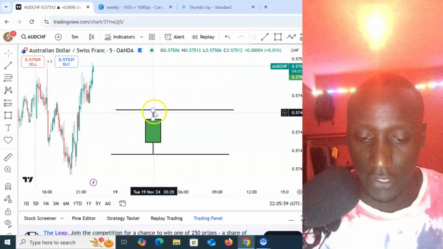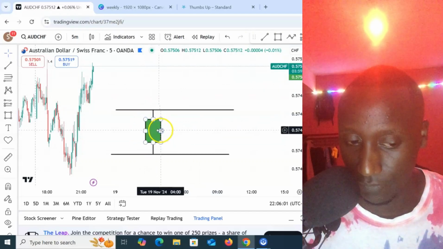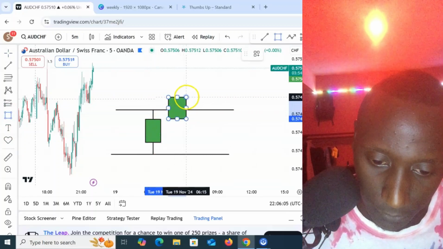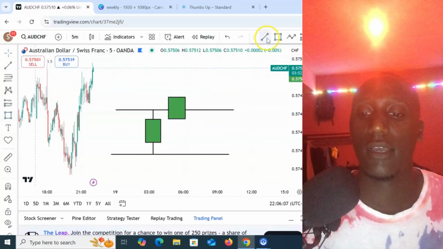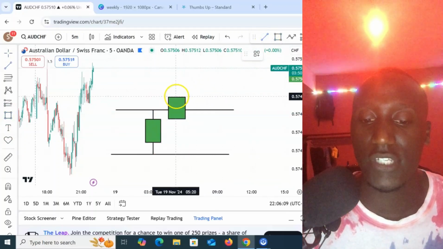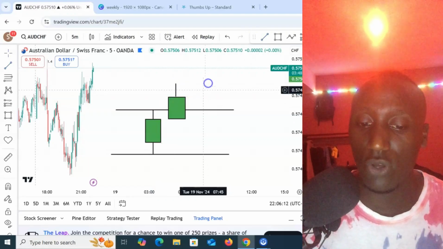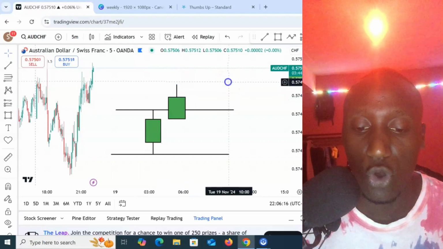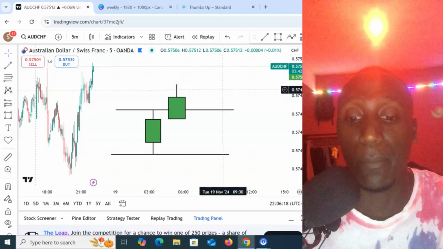Alright, so say for example, this is Monday. If Tuesday breaks out like that, then using that theory, we know there is a very high probability that price will continue going in the direction of the breakout.